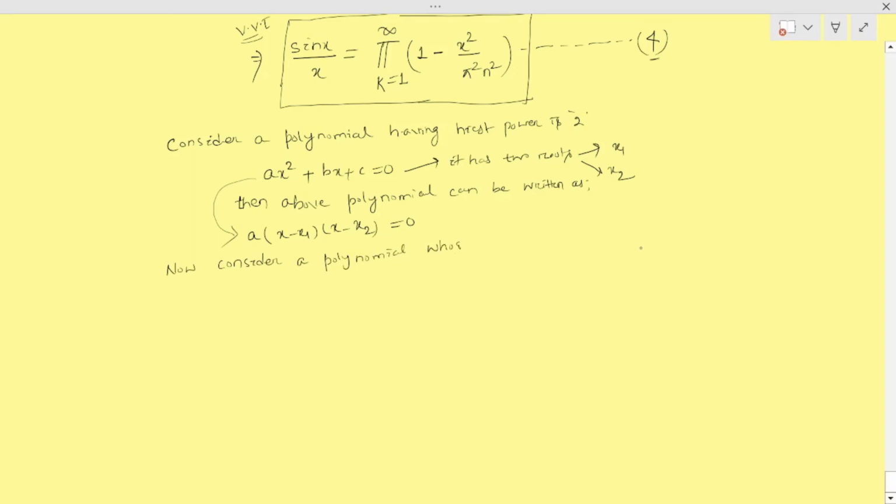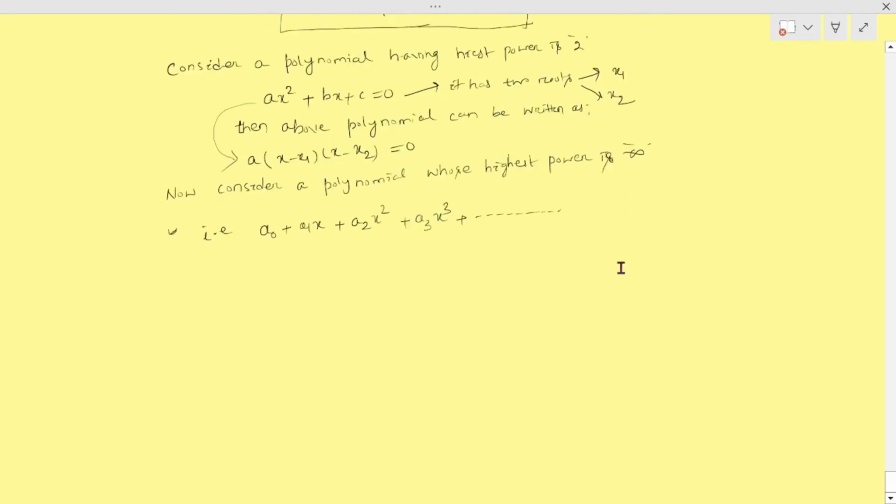Consider a polynomial whose highest power is infinite. That is, here I consider a polynomial like this: a naught plus a1 x plus a2 x square plus a3 x to the power 3 and so on. So this is a polynomial whose highest power is infinite, right?